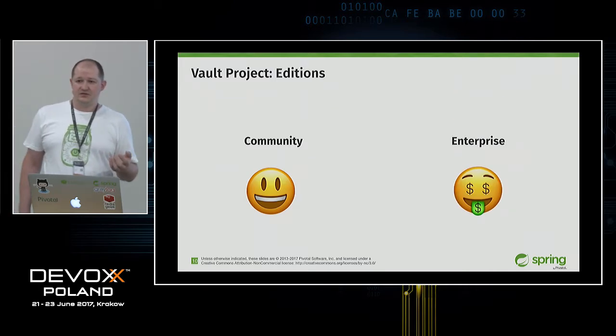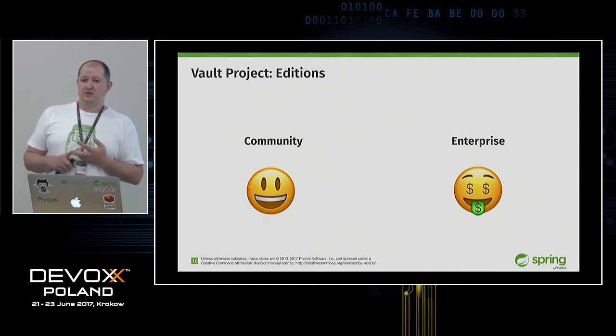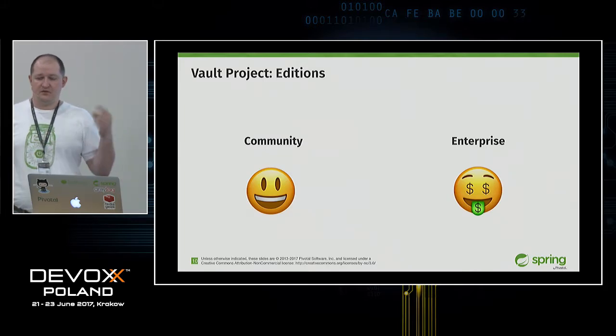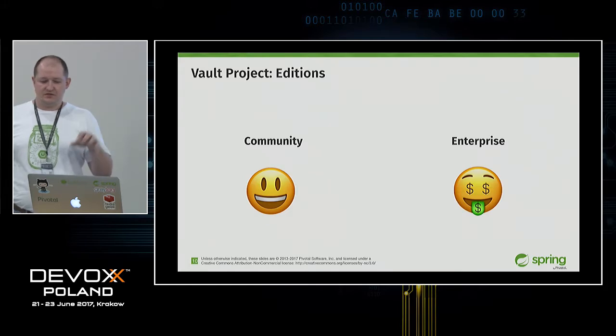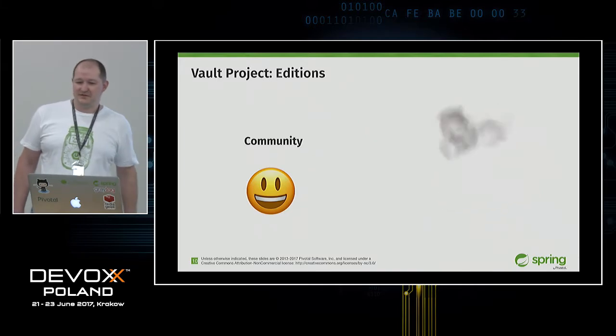With Enterprise Edition, you get enterprisey features like 24/7 support, hardware security modules, like the secure modules on Amazon, other modules that you can plug into your data center. You get replication, managed instances. But since we are talking today about the community edition, let's forget about enterprise right now.